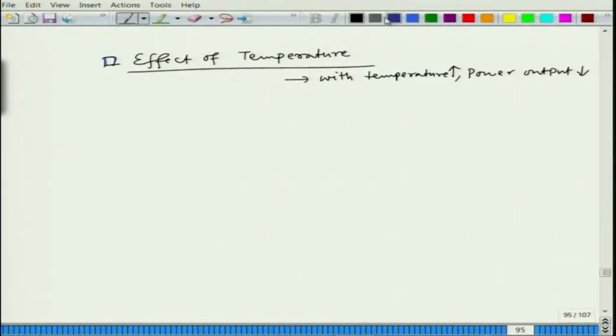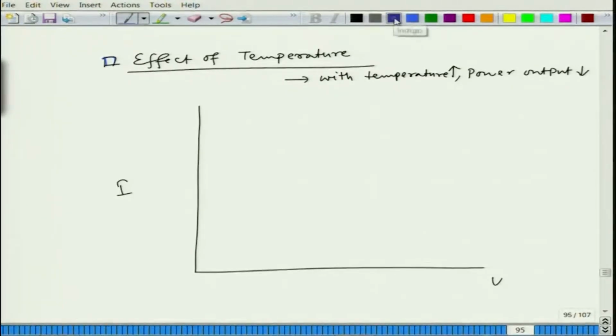So, how does it affect the IV curve? Now when temperature increases, the current increases but voltage decreases.